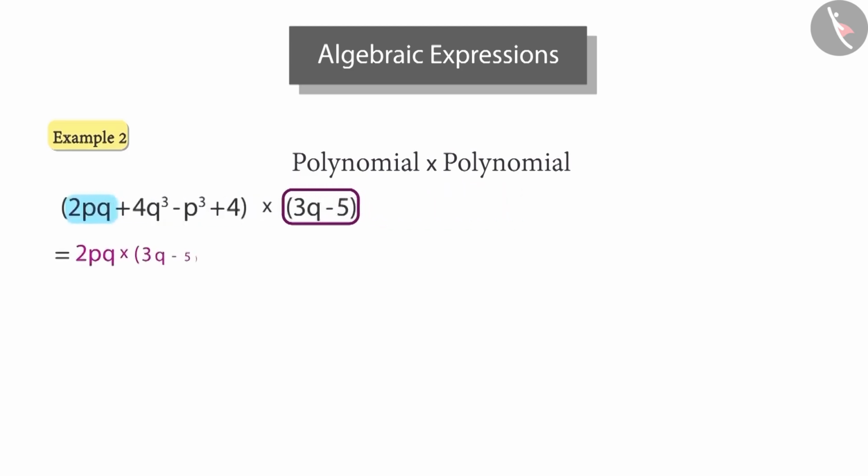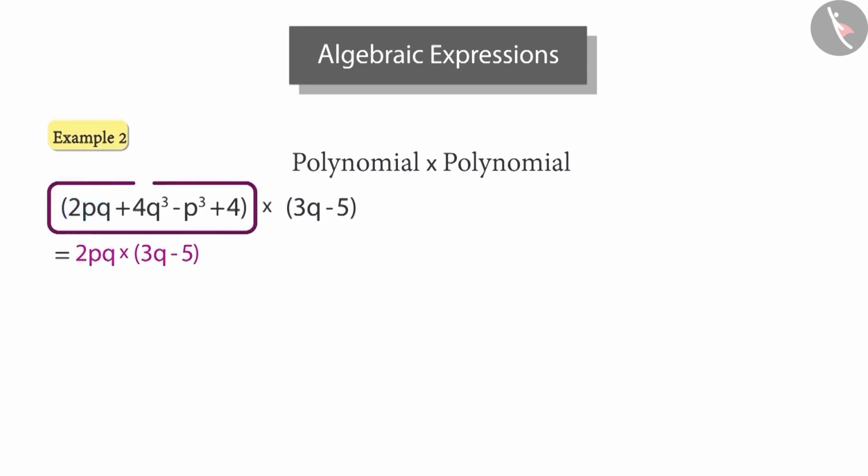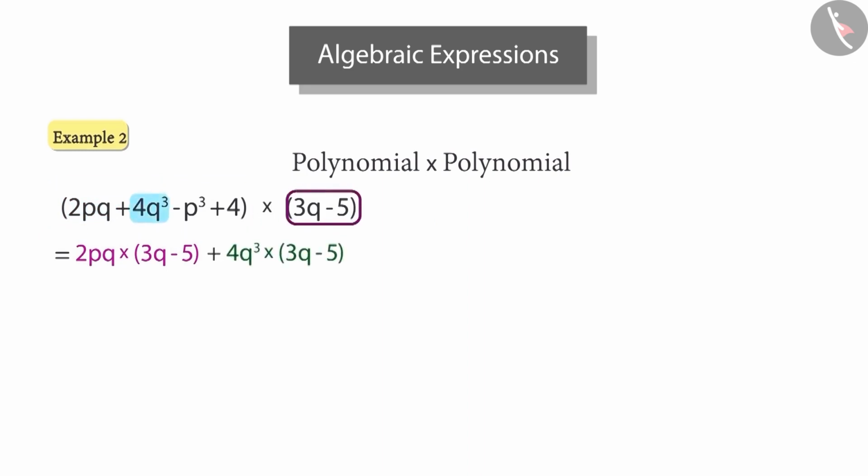This would be equal to the multiplication of 2pq and 3q minus 5. Thus, we multiply all terms by binomial. Next, 4q cube multiplied by 3q minus 5. After that, we multiply next p cube and 3q minus 5 and finally 4 and 3q minus 5.